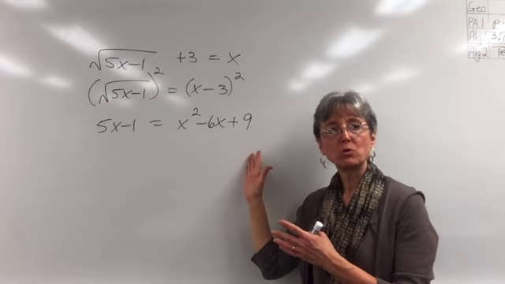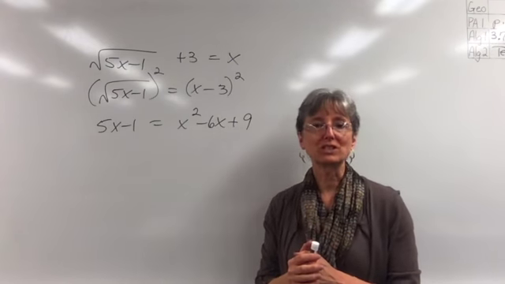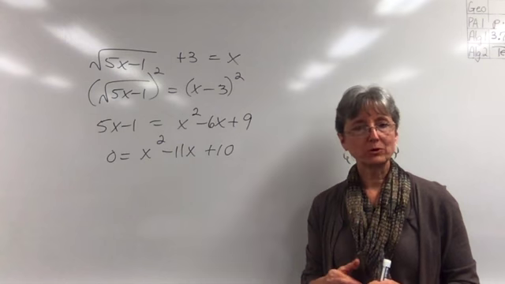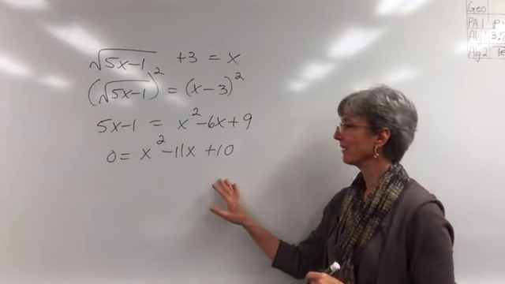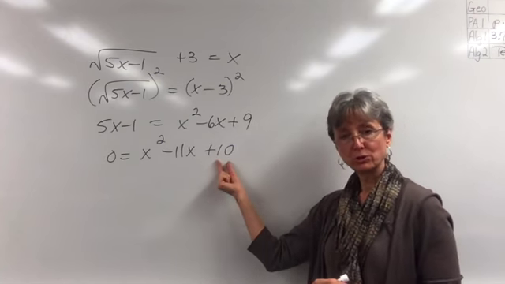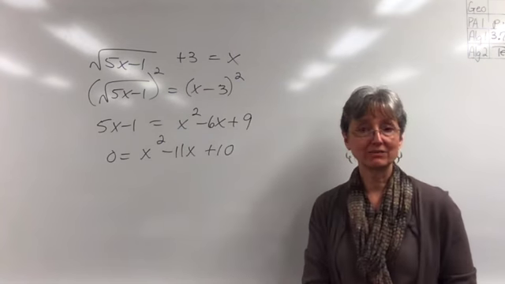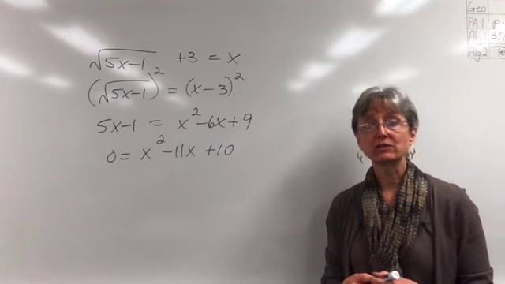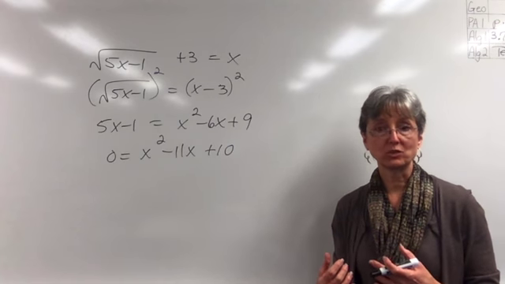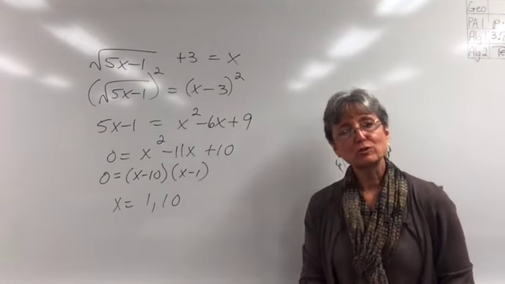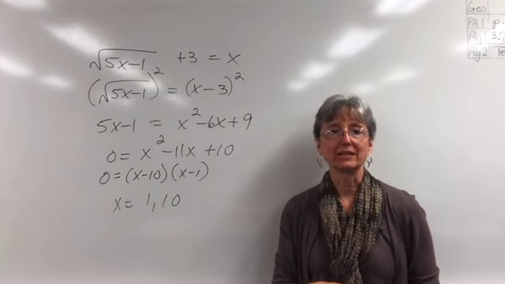Now I'm going to solve the quadratic by setting it equal to 0. Now I'm going to hope that I can factor this, and I can. Two numbers that multiply to be +10 and add up to be -11 are -10 and -1. So this factors to be x minus 10, x minus 1. That means my solutions are +1 and +10.